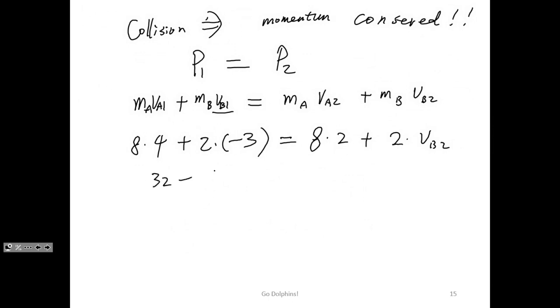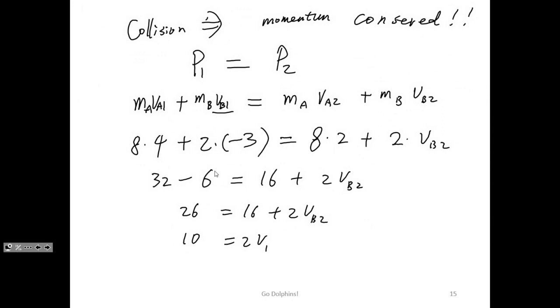This is 32 subtract 6, 16 plus 2 VB2. 26, 16, so 10. So we can solve the final velocity of B is 5 meters per second.